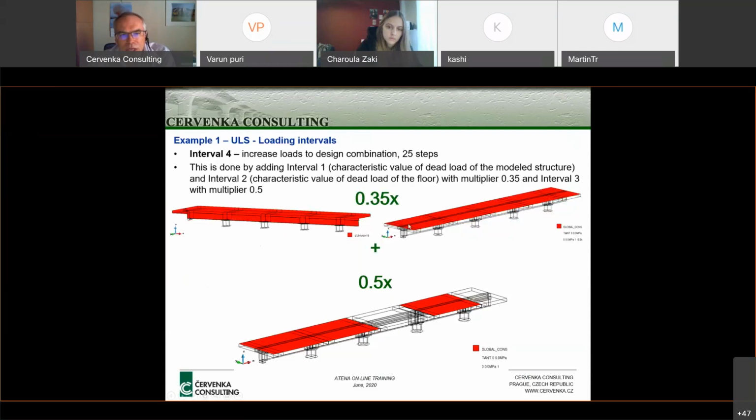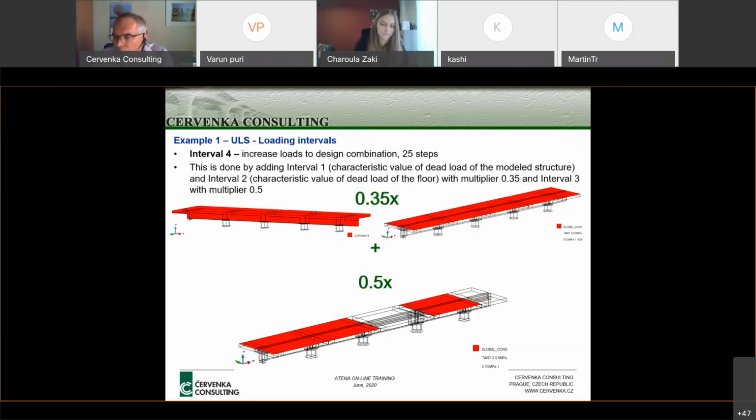And then we have the safety factors for the loads. That means for permanent loads, it is typically 1.35. For the live load it is 1.5. And in the loading history, I think it is advantageous to make this separate.